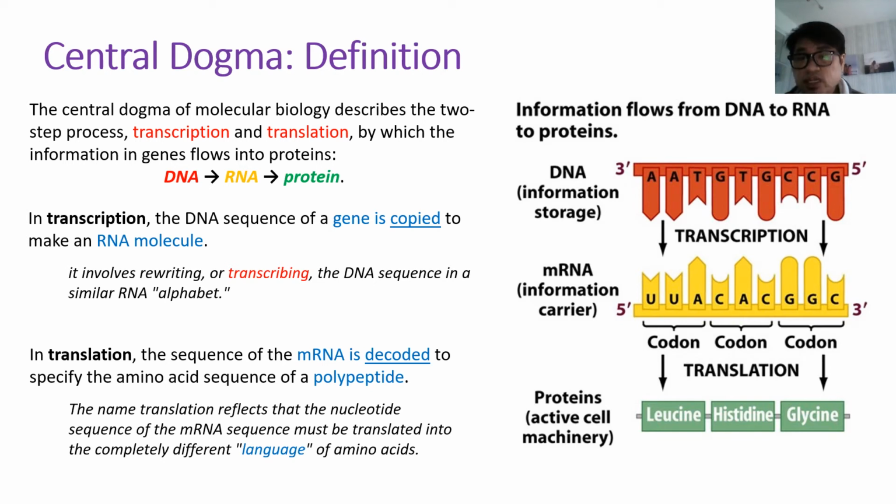As you can see here, three different bases code for one codon. After that, it translates into the amino acid. So for codon number 1, UUA, you can see it's a leucine, and codon number 2 is histidine, and so on and so forth. In translation, the sequence of the mRNA is decoded to specify the amino acid sequence of a polypeptide. Okay, so we move to the next slide.